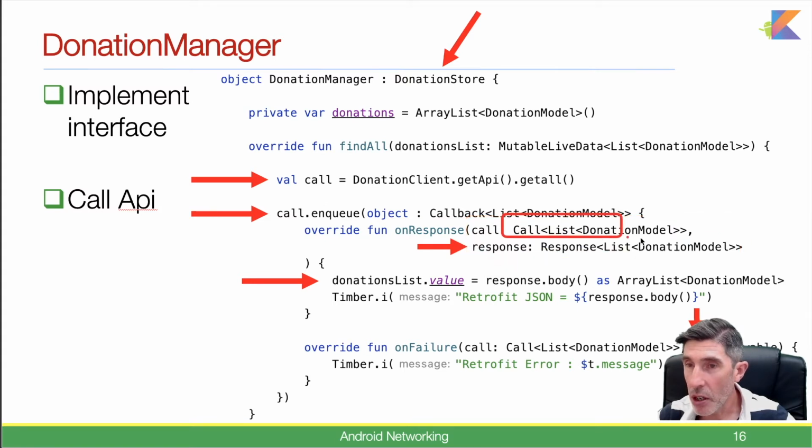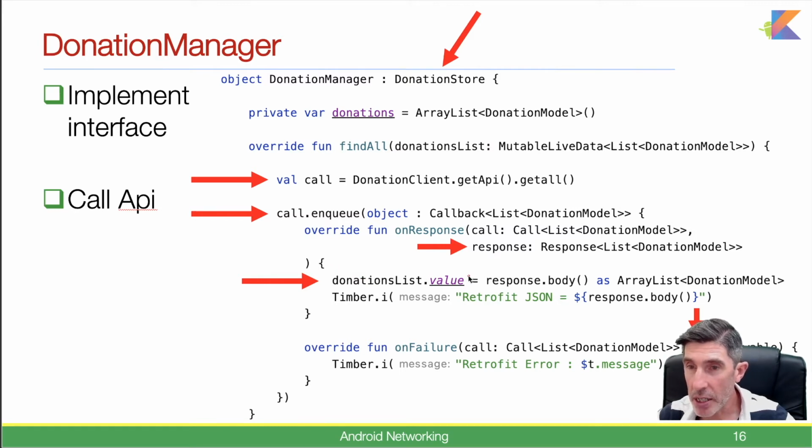It gets the call object and a response object, and the response object will hold that data for us. So what we do then on a successful call is we update again. Remember now, what's the dot value? That's our list. We say donations list, which is the mutable live data that we just passed in up here. There it is up there. It's raw data, raw donations property.